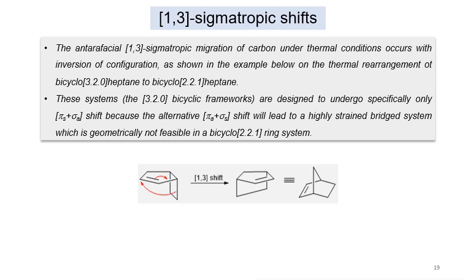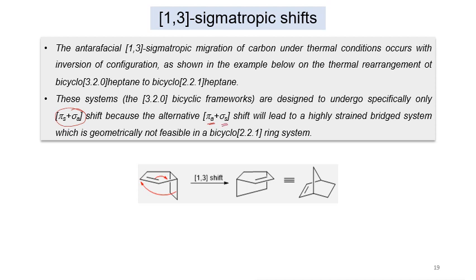Now, this particular system was deliberately designed because it can undergo only a pi suprafacial, sigma antifacial shift, because the other alternative, which is also possible thermally, is a pi antifacial and sigma suprafacial shift.